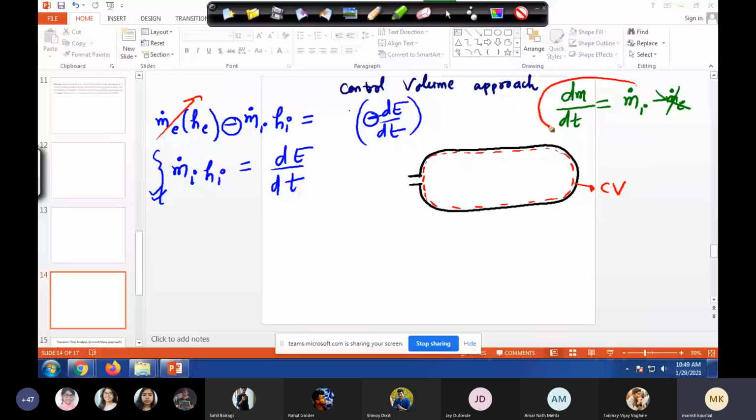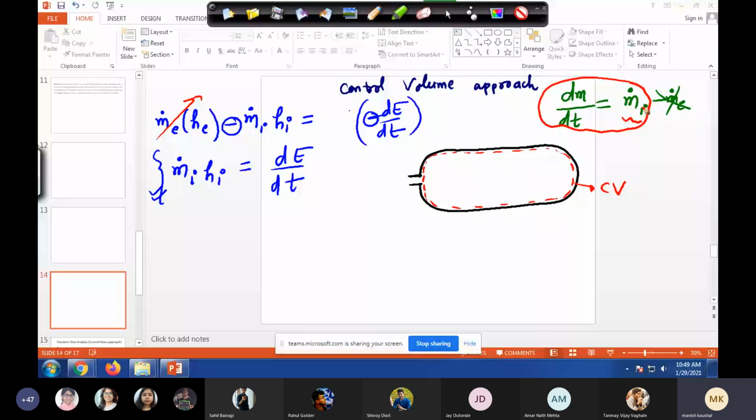How is the rate changing? If I ask you at what rate mass is changing inside the tank, what will your answer be? Sahil, what do you think? The rate at which mass is entering the tank. That's it, simple. That's what I've written. Very good. dm by dt is simple because there is no exit. Only mass is entering, at the rate m i dot. So that will be the rate of change of mass inside the tank.